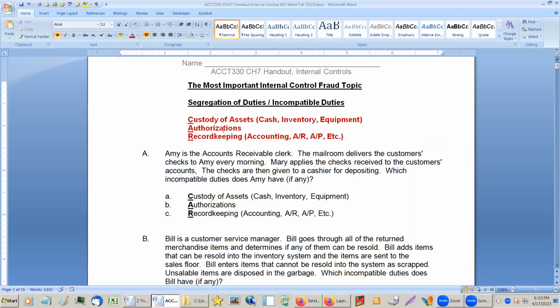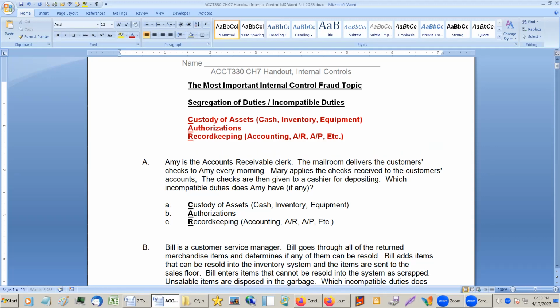Custody of assets, authorizations, record keeping. There's a 4th one they sometimes throw in, and that's called reconciliations, or review. Okay, I didn't put it in.